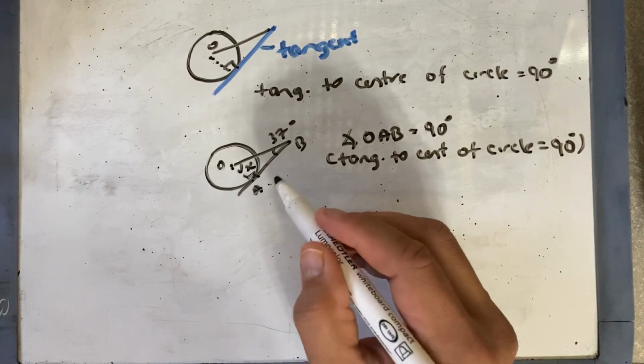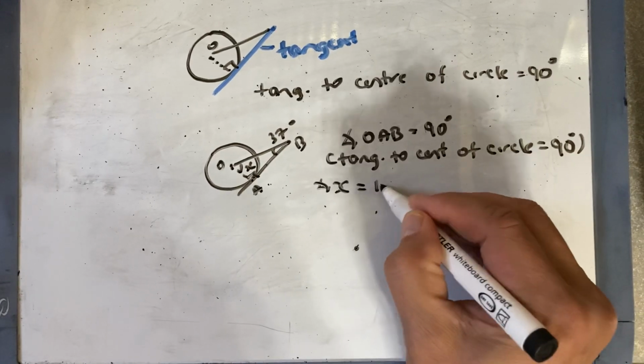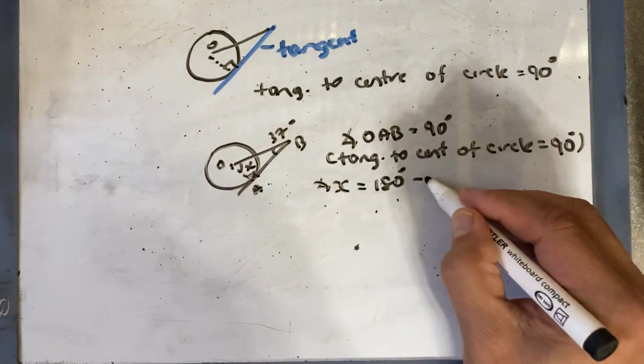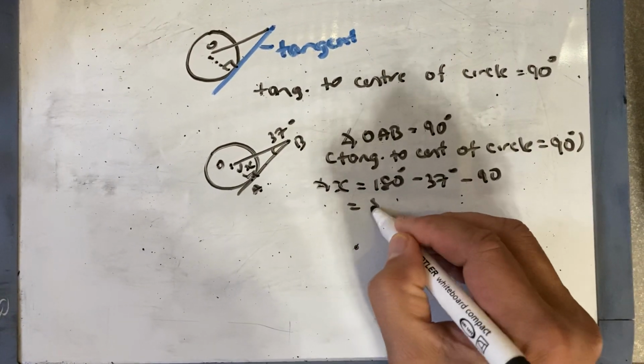If this is 90 and that is 37, X is simple. Angle X will be 180 degrees minus 37 minus 90, and the answer is 53.